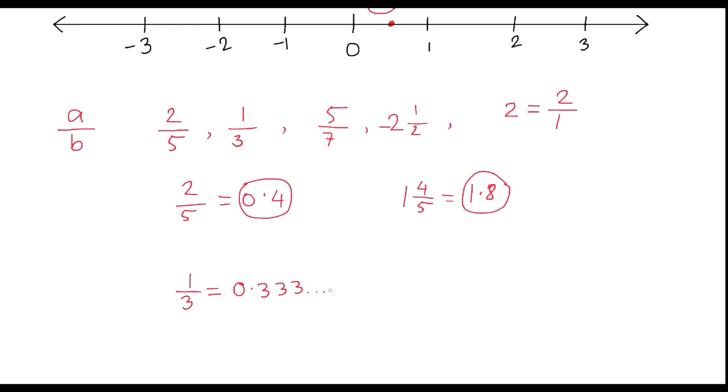So it is also a decimal number that doesn't end, that doesn't terminate. It can be written as 0.3 with a small bar over it. This bar tells us that there are more 3's after that, but we don't write them here.